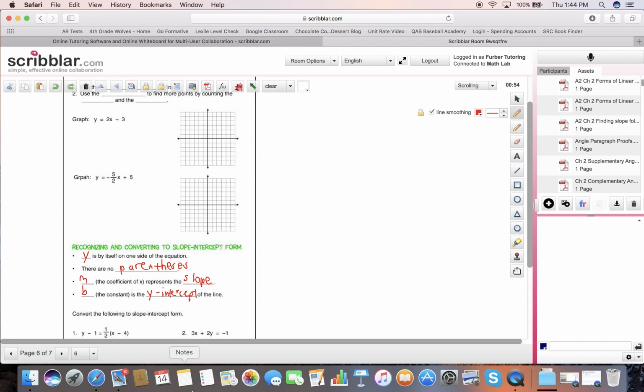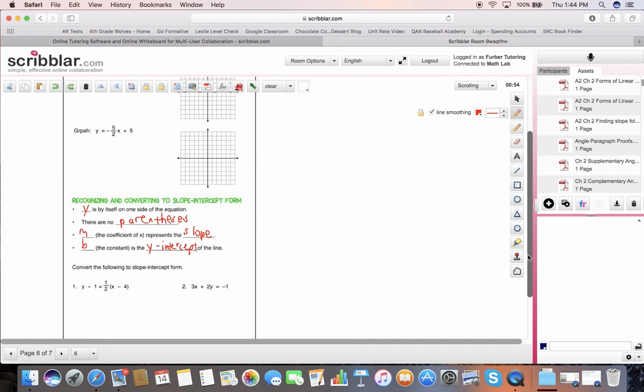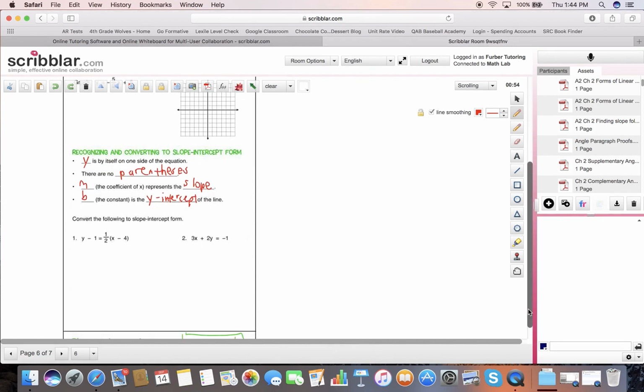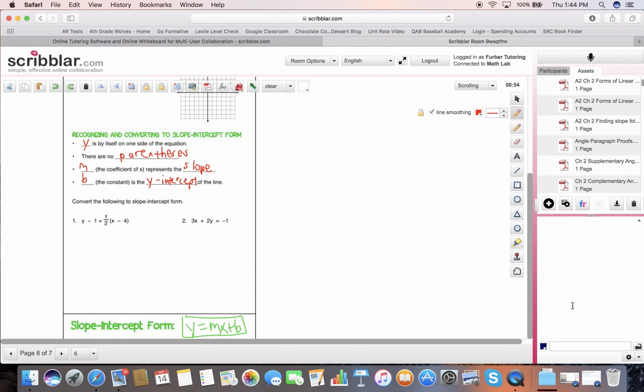Okay? So let's talk about converting to slope-intercept form. Converting to slope-intercept form is very, very nice because in slope-intercept form, graphs can be done very simply and very easily, okay? So let's just practice converting. So if you look at this first equation, you should be able to tell that there's parentheses on the right side, and the y is on the left and the x is on the right.